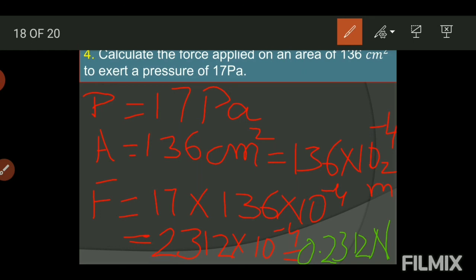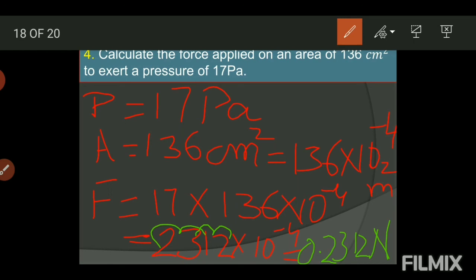So we get 2312 into 10 to the power minus 4. So minus 4 says 4 decimal places. So you can shift the decimal place from here to 4, that is giving you 0.2312 Newton. So this is how you calculate the force when pressure and area is given.